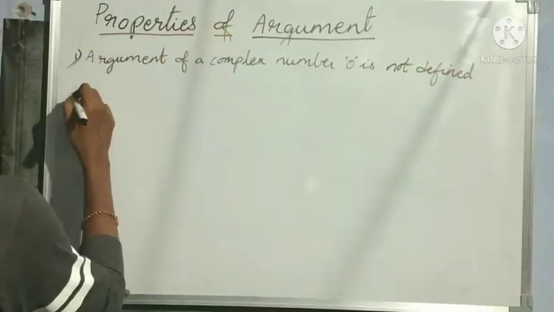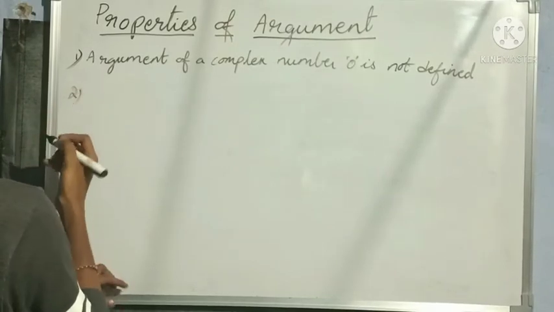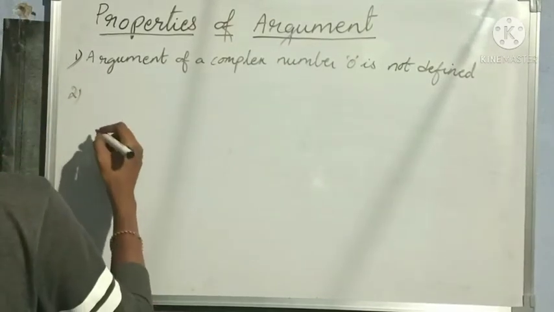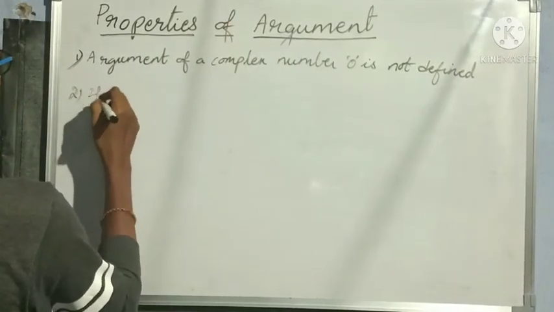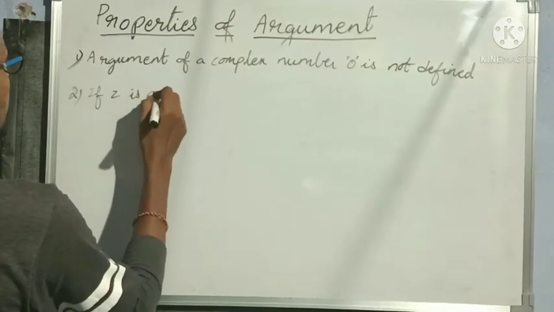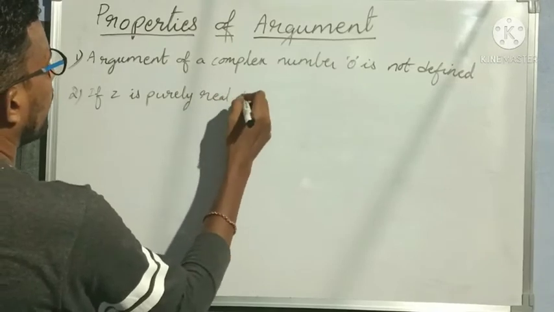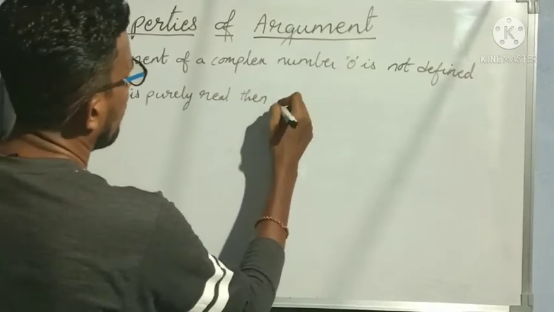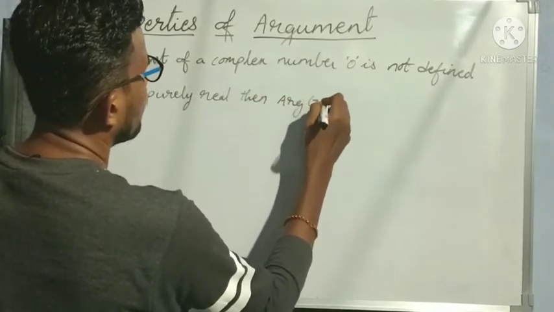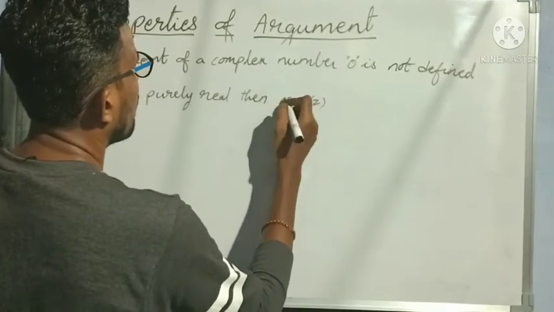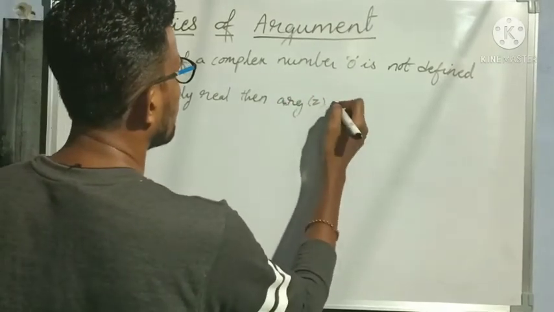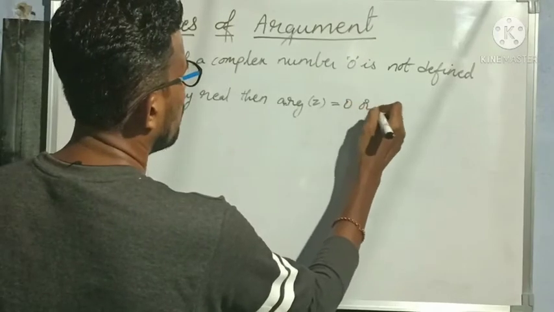Next, second property: if Z is purely real, then argument of Z is equal to 0 or pi.